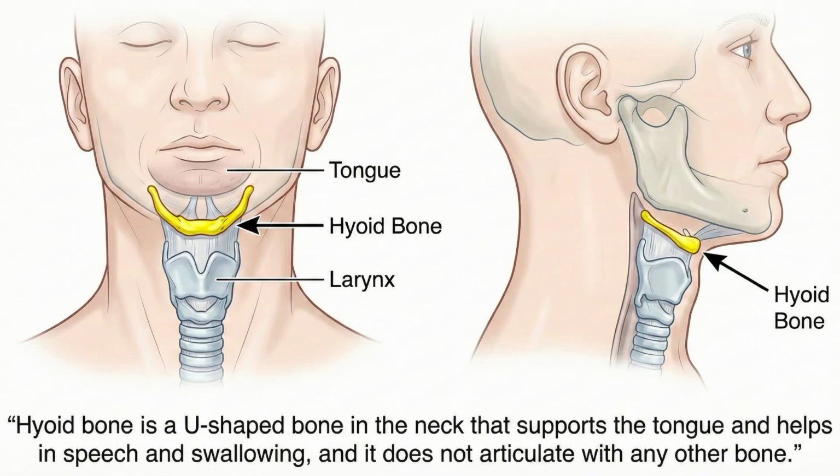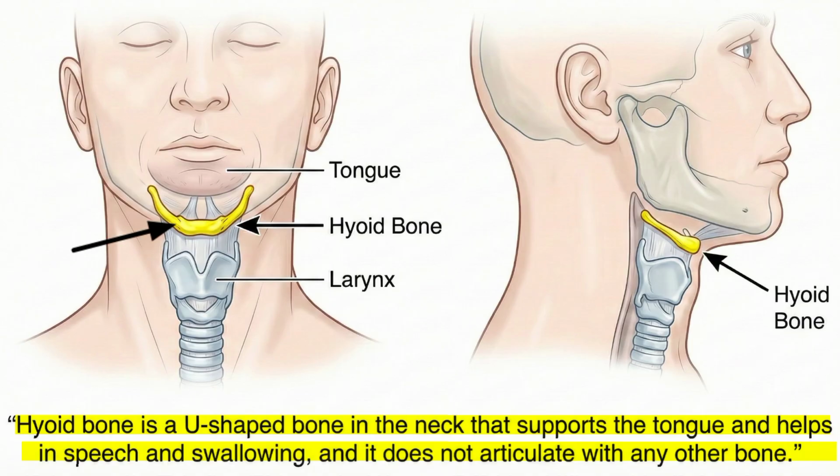After the skull, the next bone in the axial skeleton is the hyoid bone. The hyoid bone is a U-shaped bone in the neck that supports the tongue and helps in speech and swallowing, and it does not articulate with any other bone. Now look carefully at this diagram. The yellow U-shaped bone that you can see is the hyoid bone.